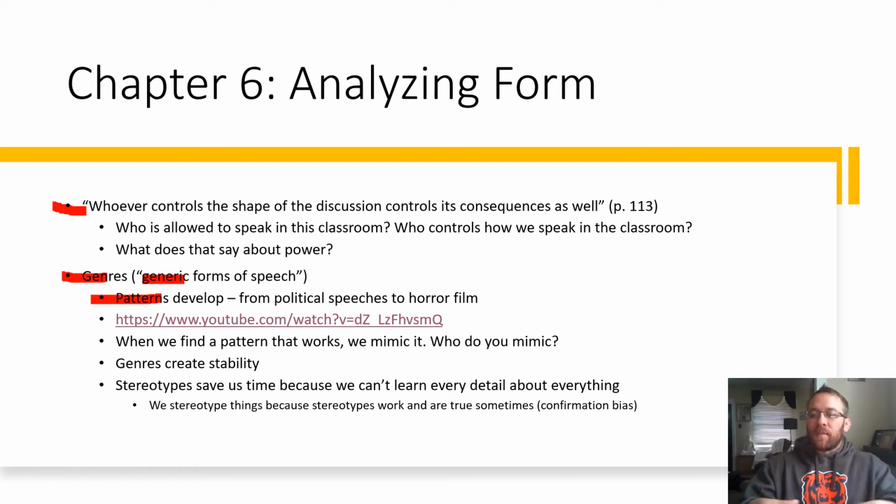So politicians use these catch-all phrases all the time, no matter what side of the political aisle they're on. But they use those terms because they realize this is a generic form of speech. A political speech is a pattern, right? It is a genre. When politicians give speeches at conventions, they do a lot of my fellow American type of stuff.